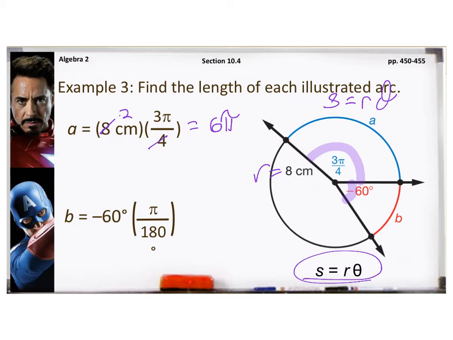Oh, here's my other thing. The thing you have to remember is that theta must be in radians. That's why you see here we're multiplying it by pi over 180, because that converts this 60 into radians.